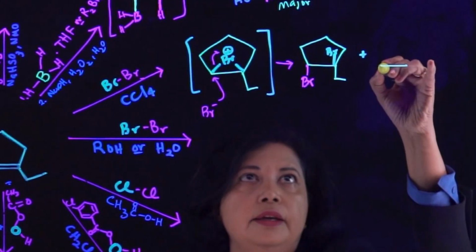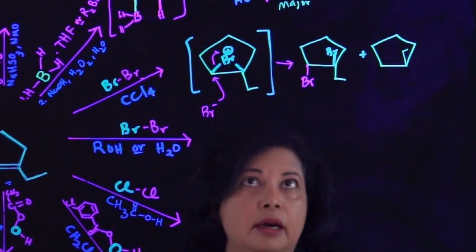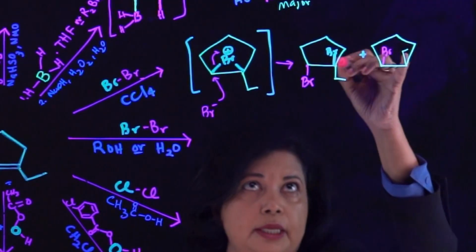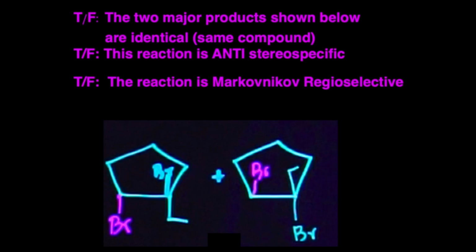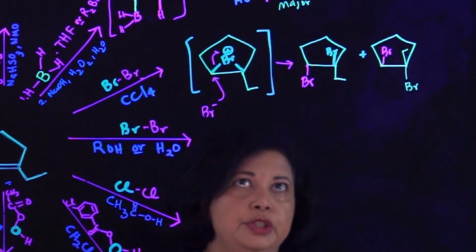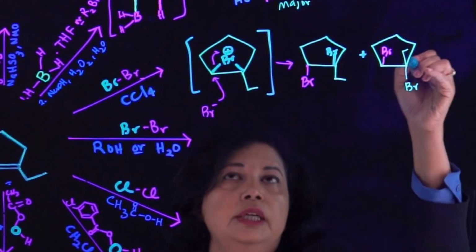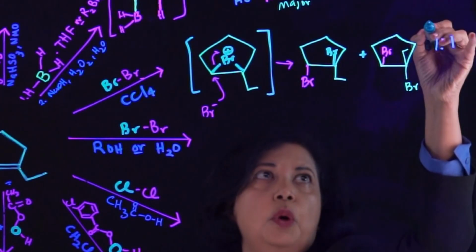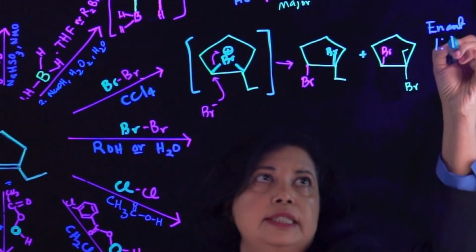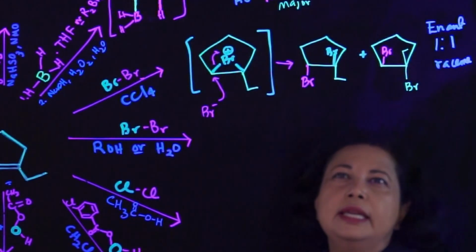Plus, you are going to get your bromide up addition and swinging this down. And even here, this is going to be a mirror image of this. And it is anti-addition, and it is non-regiospecific. You would get a 1-to-1 enantiomeric racemate. You are not really going to get any syn addition here.